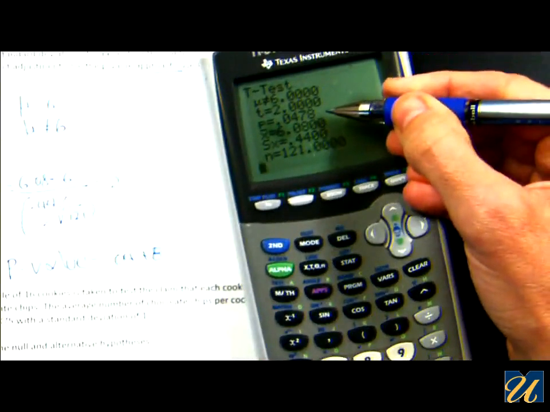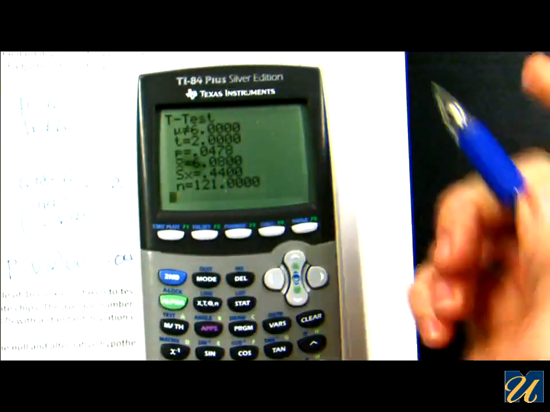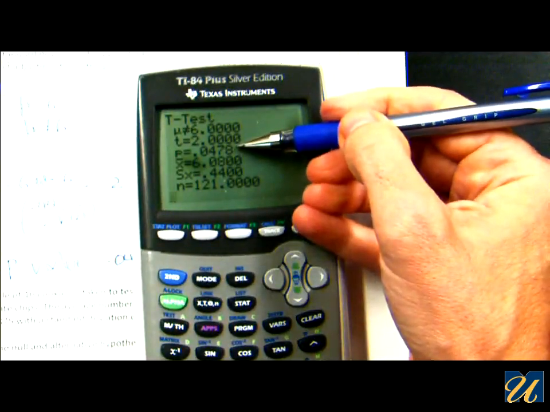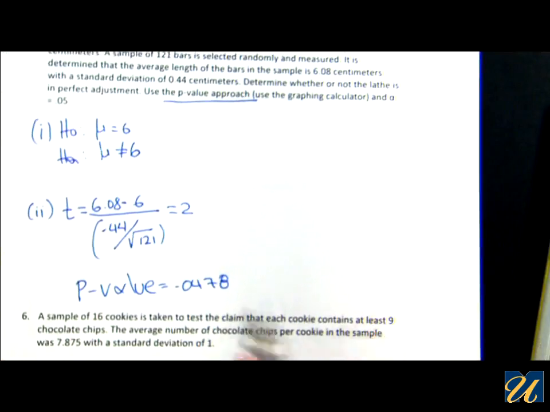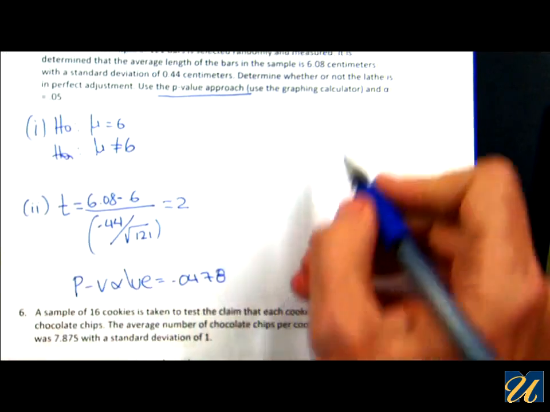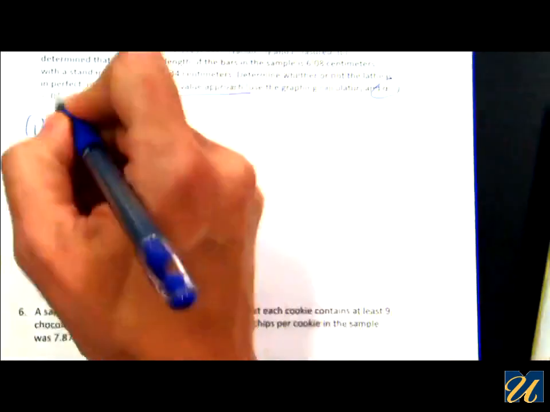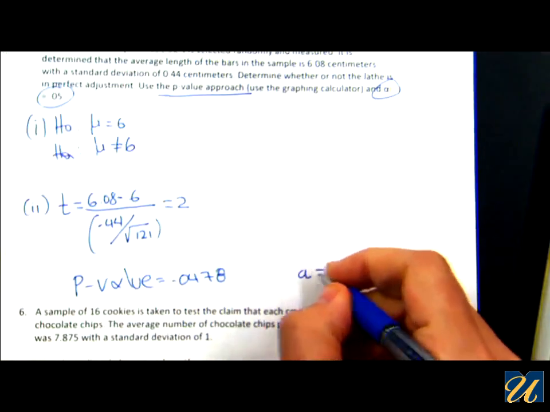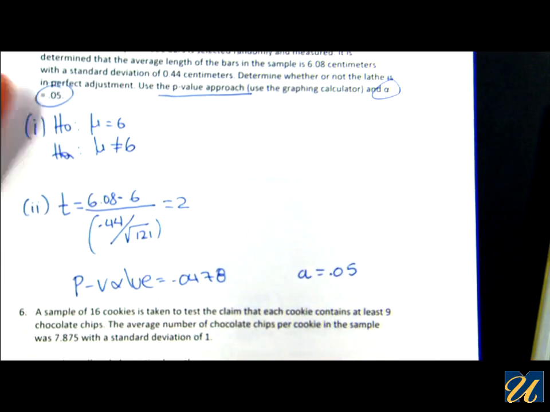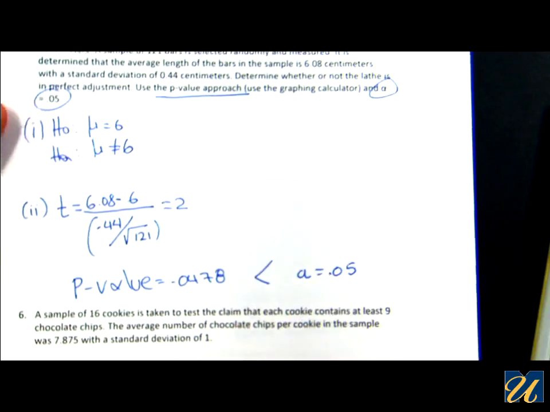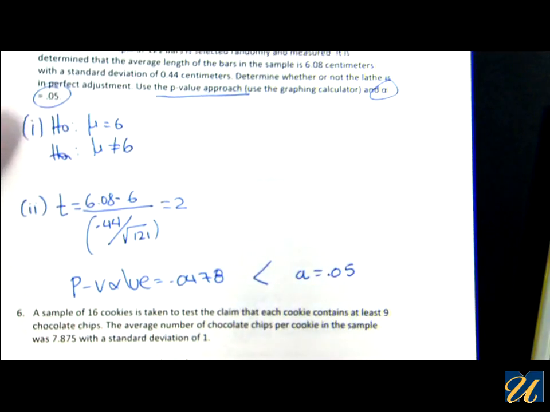The p-value is right here, 0.0478. So all I need to do in this case is take the p-value and compare it to alpha. Alpha is equal to 0.05. 0.05 is greater than the p-value, so we have enough evidence that mu is different than 6.